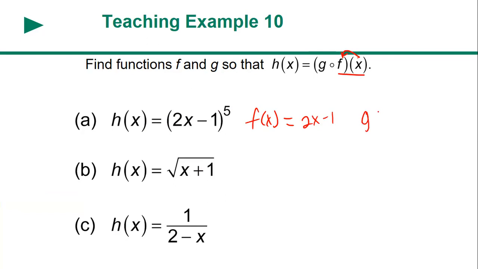Okay, so then what's on the outside? So x to the 5th. So these 2 functions made that one. Does that make sense? If I take this and plug it into that, does it make that?